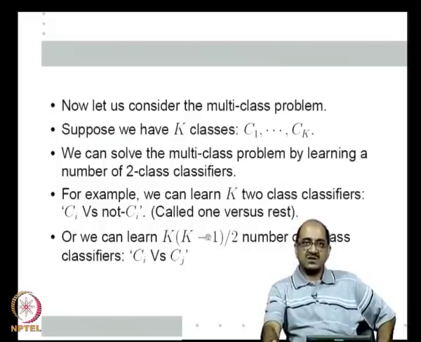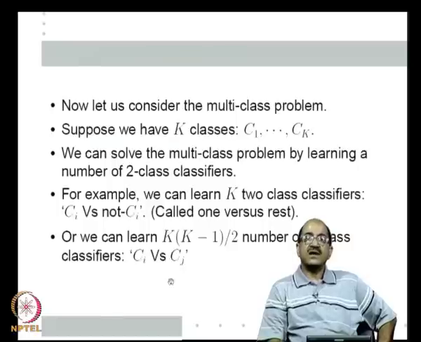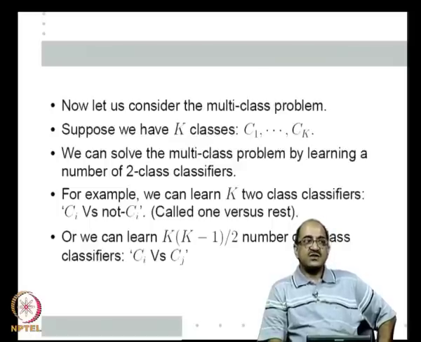That is not to say that these are not followed, but there are pitfalls with both the approaches, inasmuch as any set of such classifiers, this set of K classifiers or this set of K into K minus 1 by 2 classifiers, do not make a well defined classifier. Perfect is a wrong word to use, because you are not saying it has to have 0 error or anything like that, but at least it should be a well defined classifier.